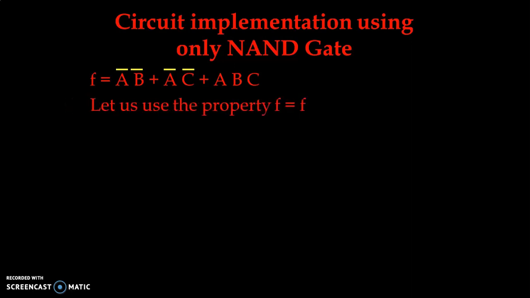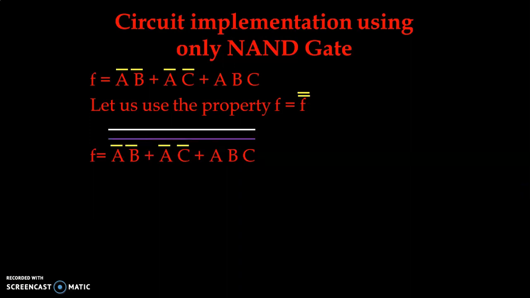Now we use one of the properties of Boolean algebra, that is F is equal to F double bar. When we invert and when we re-invert, it becomes the original input. So first we write our original switching function, then we add the double bar. The original switching function F remains as it is when we add the double bar.